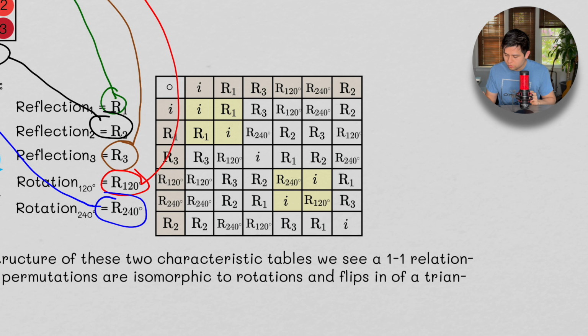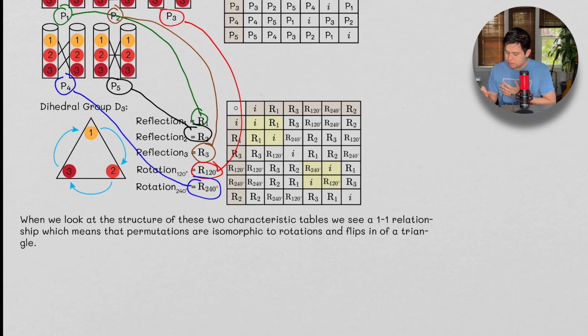You can see here R1, R1, R1, R1, I, and I, so they obey closure. They are associative, they have inverses, so they obey all the axioms of groups, but they are within groups themselves, right? So that's a subgroup, and we're going to go deeper into subgroups in our next video.